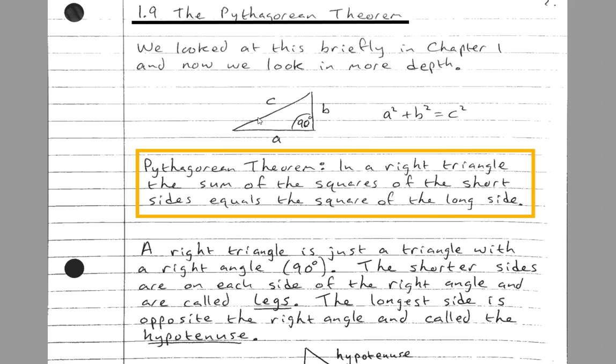So here's a right triangle. Here's the 90-degree angle. On each side of the 90-degree angle, you have the two legs, the two short sides.